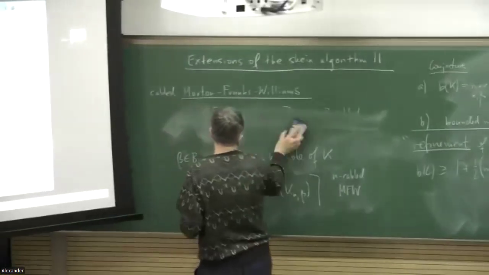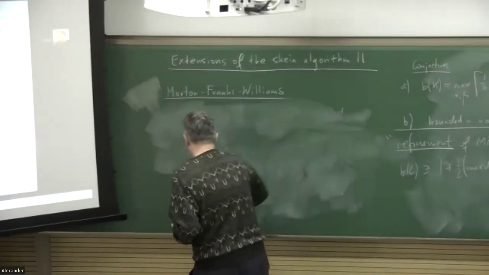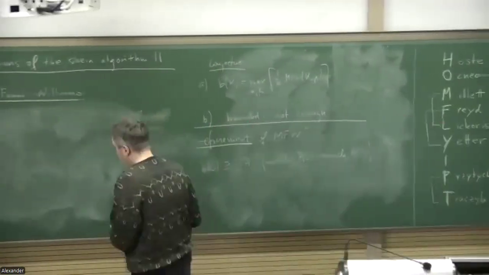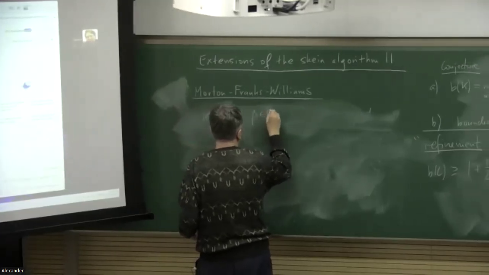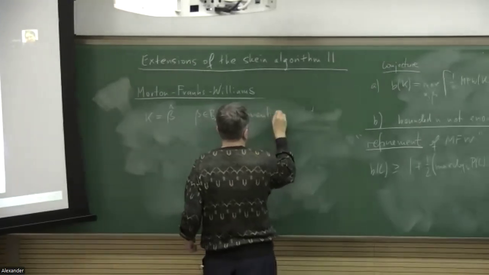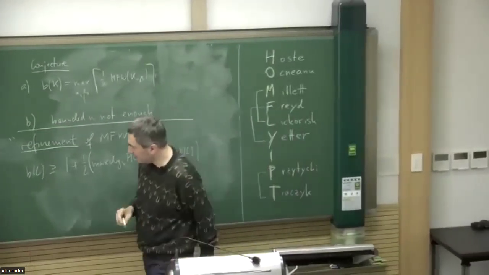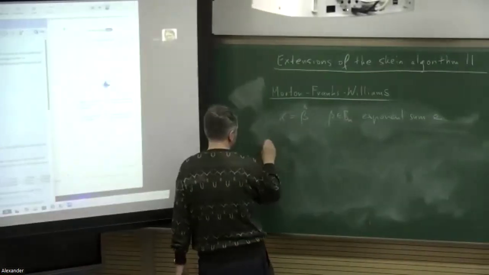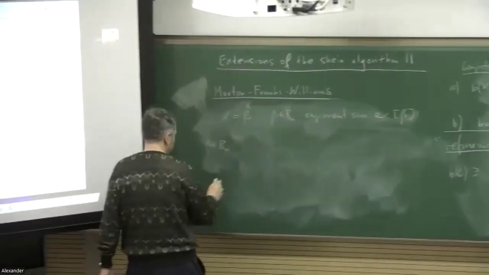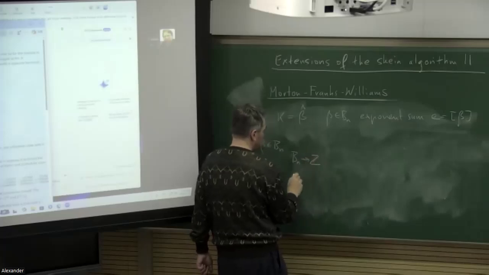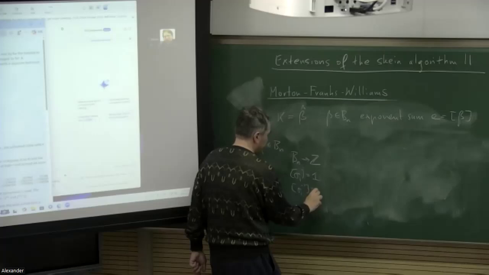So if you have K, let's say a knot, which is the closure of beta, and beta is in B_n, and it has exponent sum E. The exponent sum: you have a homomorphism from B_n to Z, which sends every Artin generator to 1, and consequently every inverse Artin generator to -1.